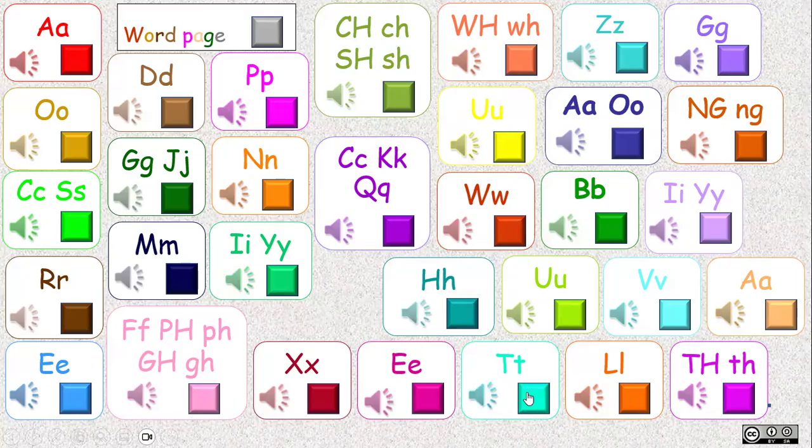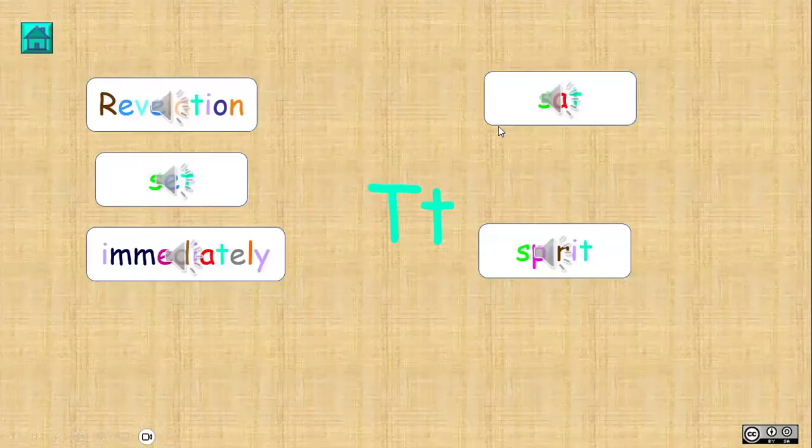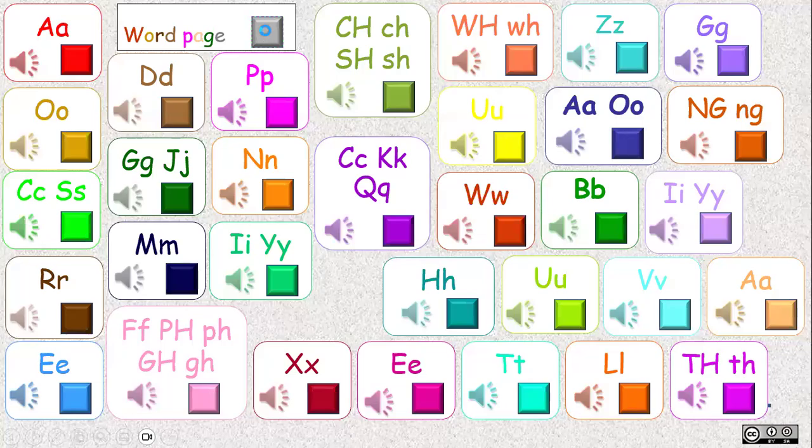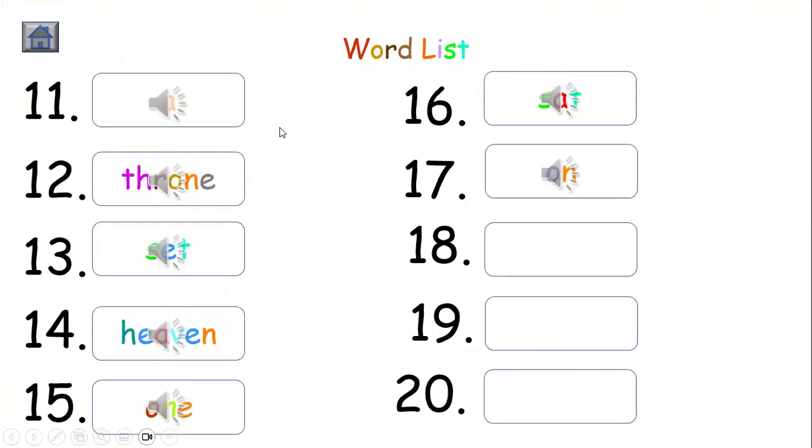And then we'll go to the t page, and it says sat. That's it for that word. Go back to the home page, go back to the word page, find the next word.